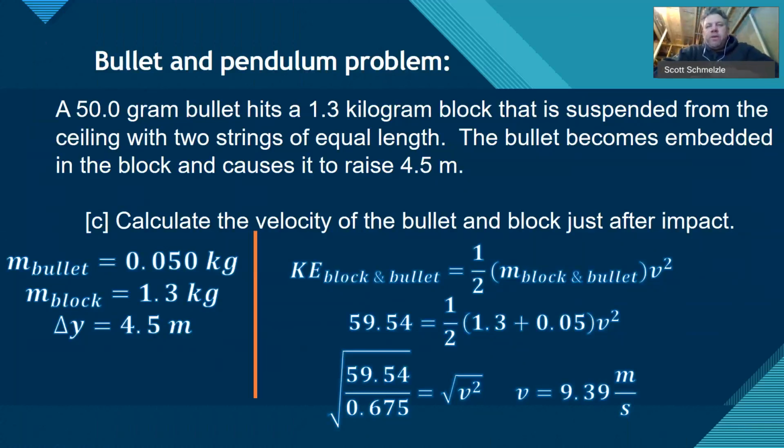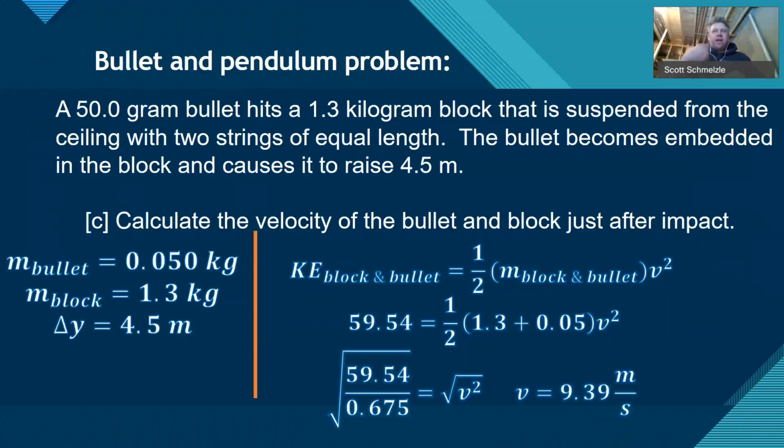So we take our 59.54, that's equal to a half times the bullet and the block, both of those together, right, times our velocity squared. So we take 59.54 divided by 0.675, that gives us like 88.2. Square root that.